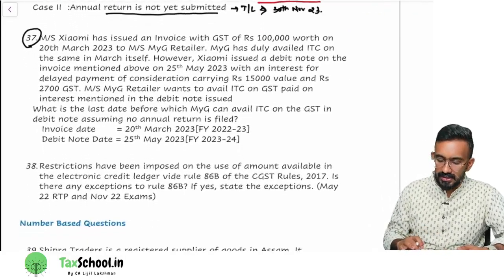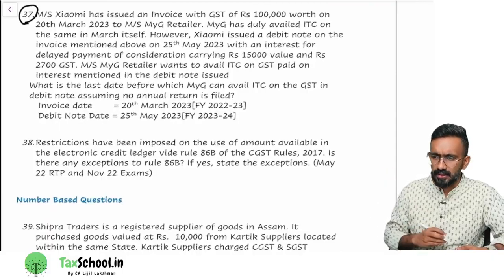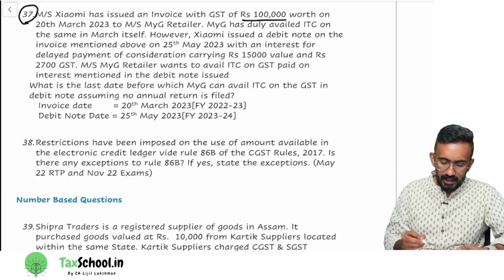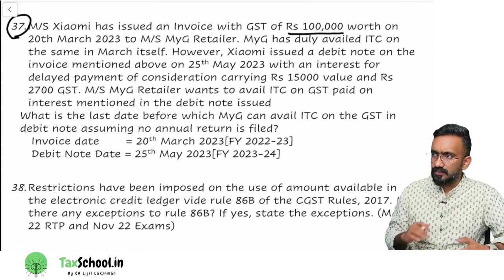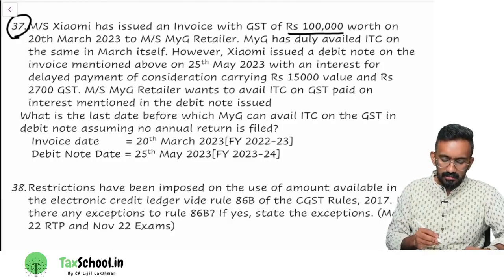Look at question 37 here. It talks about an additional note that we have there, but we can quickly look at this question itself. Xiaomi has issued an invoice with GST of rupees 1 lakh on 20th of March 2023 to MyG retailer. MyG has duly availed ITC in March itself.